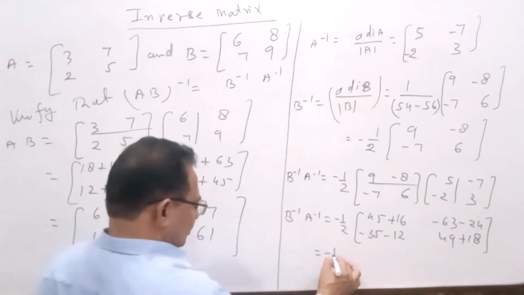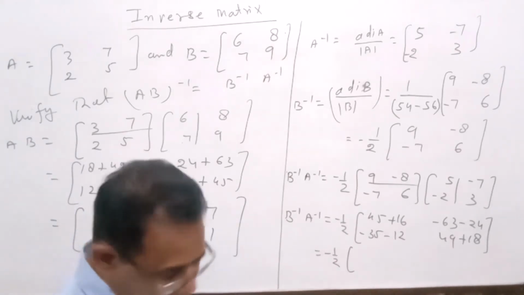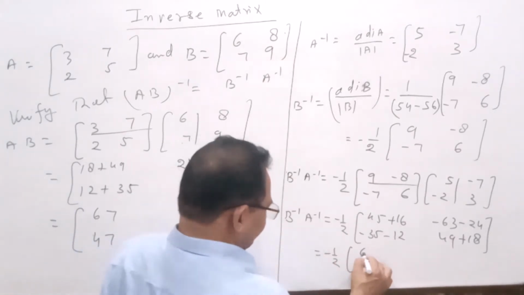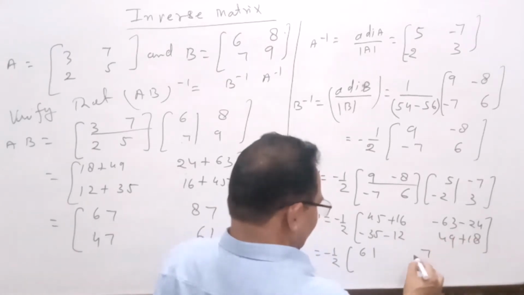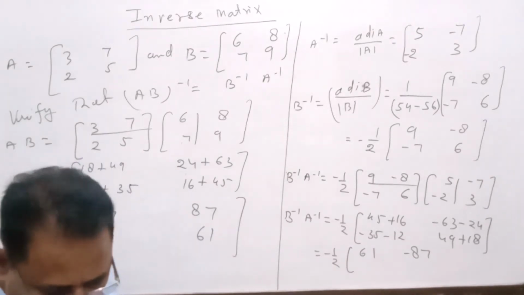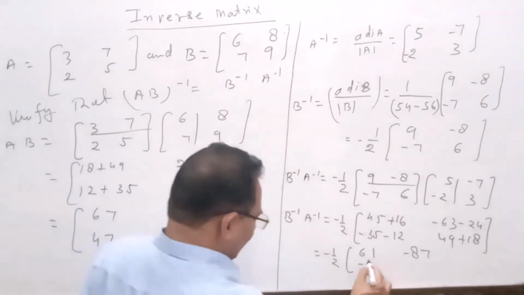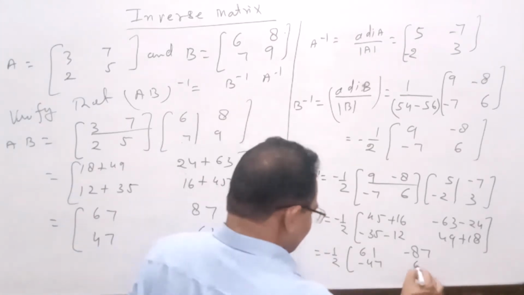This is equal to minus 1 by 2, as you see 61, 437, 6 to 8, minus 87, minus 47, that is 67.